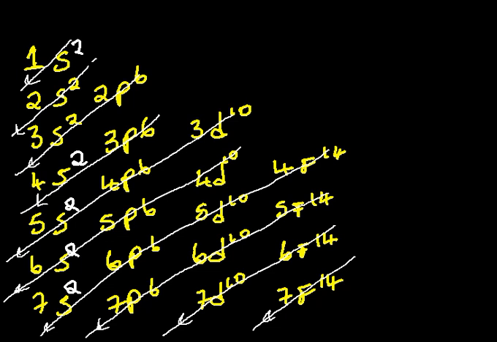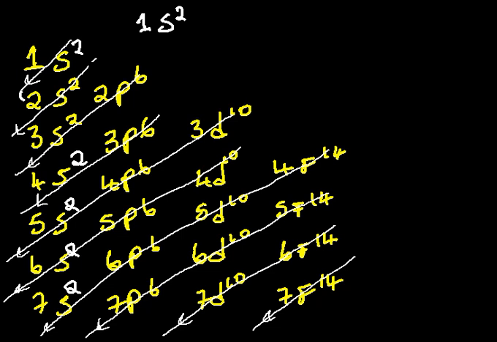So how can you use the Spdf notation to write the electron configuration? What is the order of configuration using Spdf notation? The order of configuration follows the direction of the arrows. Starting from the tail of this arrow, we are going down, which means this is the first subshell, given as 1s2.